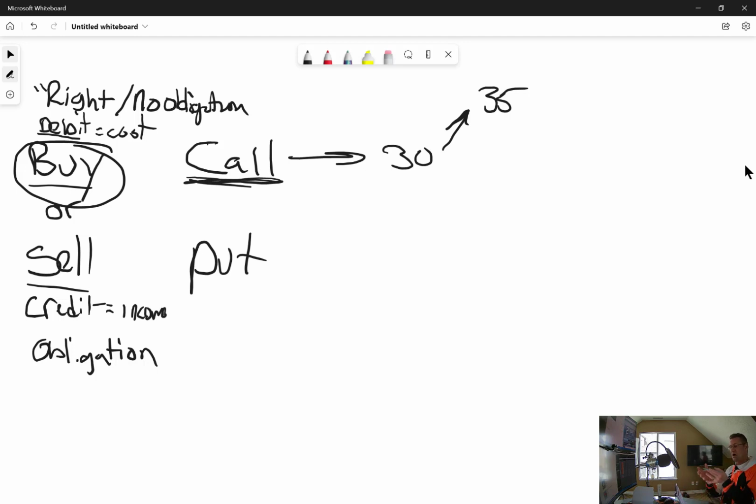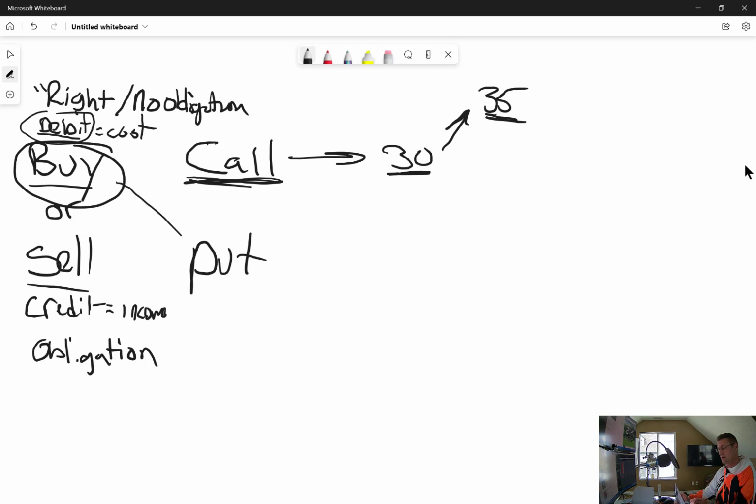So the stock's trading at 35. We have the right to call it away from them at 30. We would make the difference between those two prices minus the debit that we paid. Okay, so that's how you would make money buying a call.